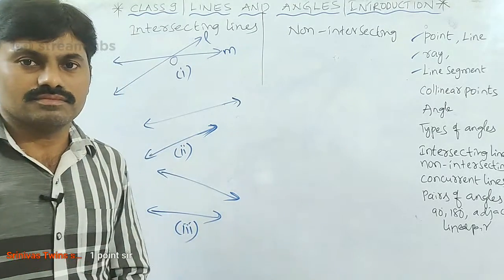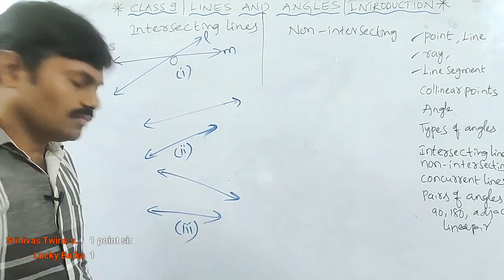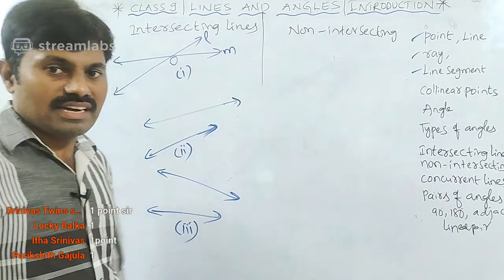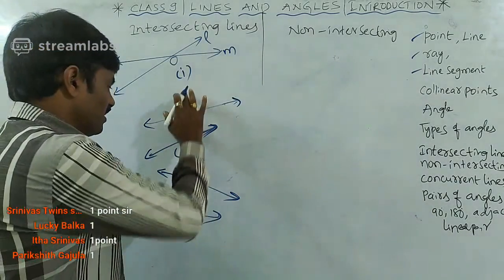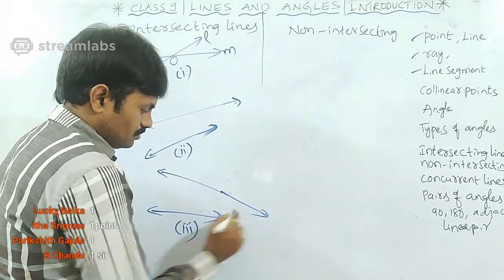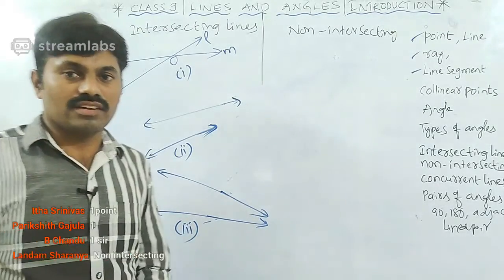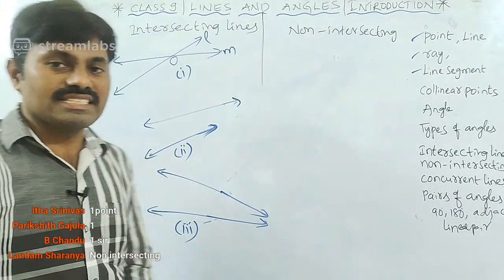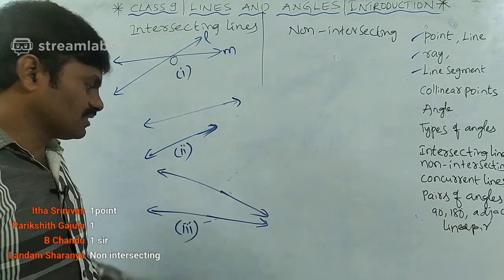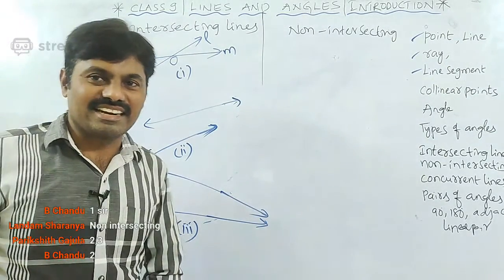My question is, which are non-intersecting lines? Figure 1 or figure 2 or figure 3? 2, 3 are non-intersecting lines.